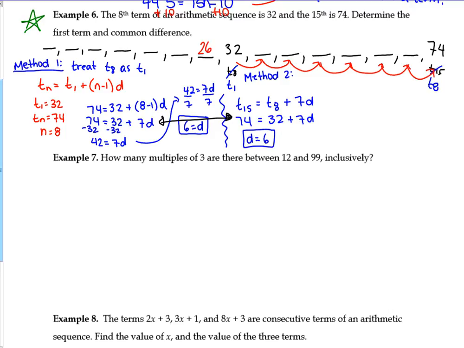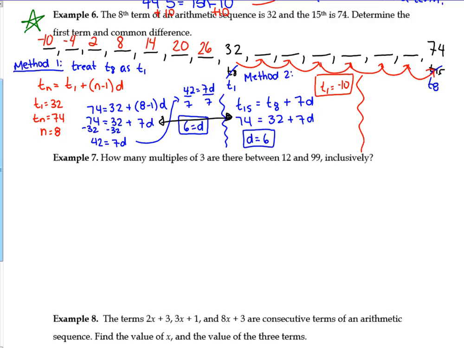Subtract 6. 20. Then 14. 8. 2. Negative 4. And last, negative 10. So term 1 is negative 10. And that's just finding it.